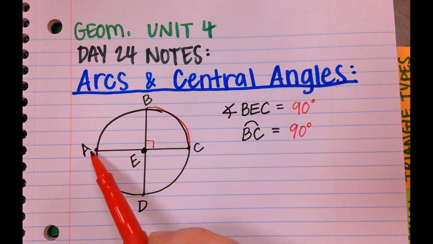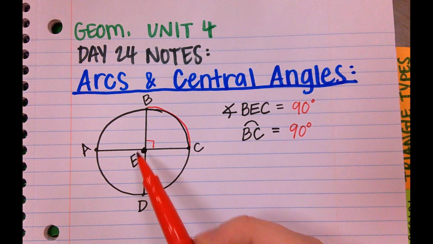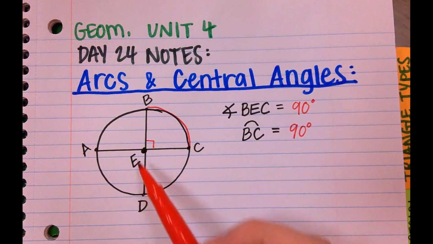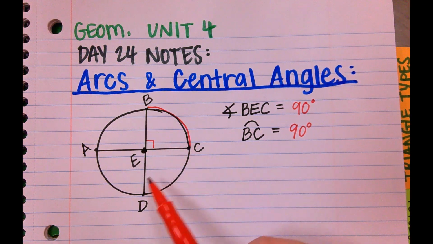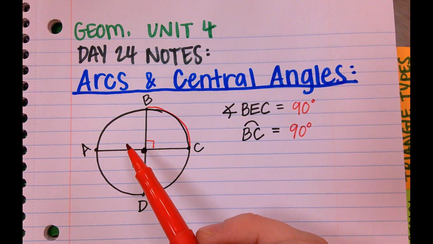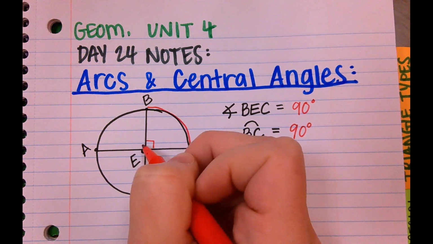So that would mean AED is also 90 degrees. And if I know that these angles are forming a straight line here, it makes 180 degrees. So the other one's got to be 90. And then that's opposite, so that's 90. They're all 90.